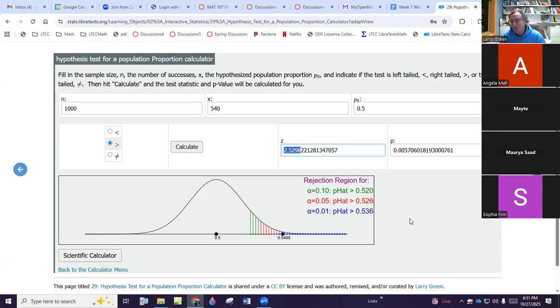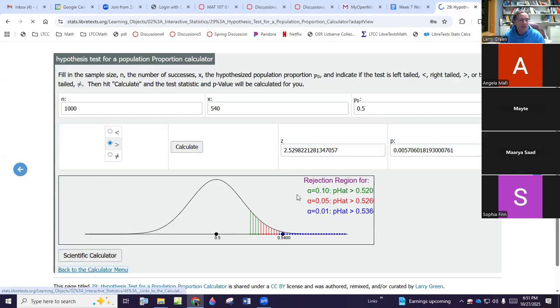Should be easy to type in the chat box. Because it's very important you're using the right calculator. Okay, I see in the chat box, no, we can't because this is for proportions and we have means. We're talking pH, it's a number. We don't say yes or no.